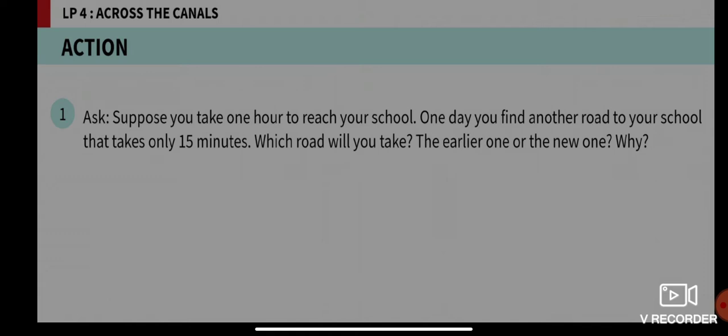After discovering that usually you take 1 hour, but finally one day you find another route, a shortcut, that takes only 15 minutes, which road will you take? The earlier one or the new one, and why?